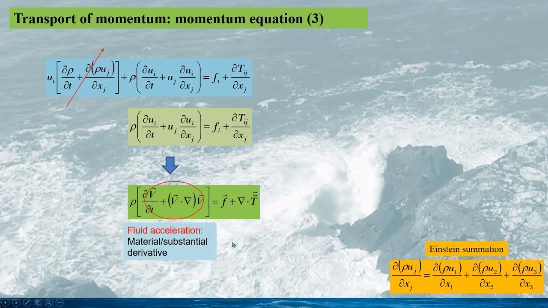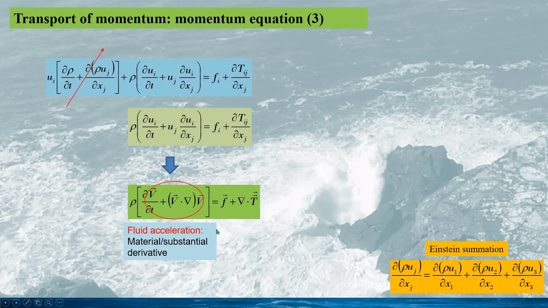Here we can see the fluid acceleration term given by the substantial derivative. And we can also see this momentum equation would be the same for both incompressible and compressible flows.